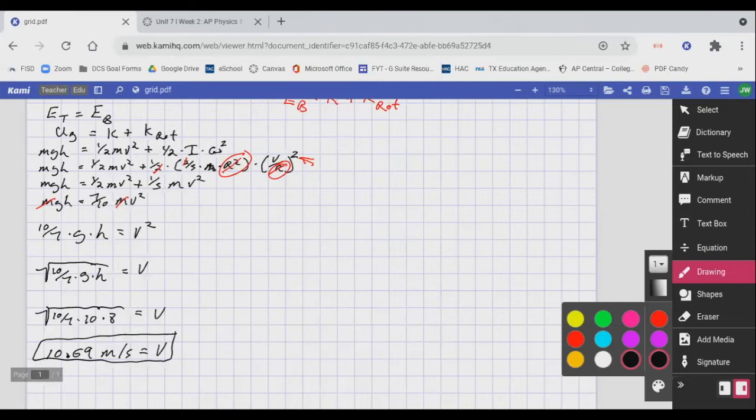Let's look at it, because I'd love to tell you the answer, but I think if we work it, it's going to make more sense. Now, if it does not rotate, we're still going to say, how do we start this? The energy at the top is equal to energy at the bottom. And let's just call this one no rotation.